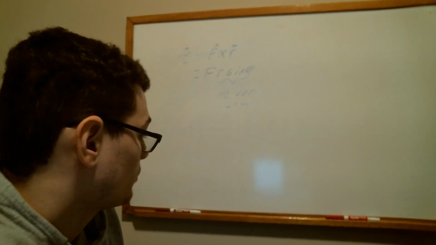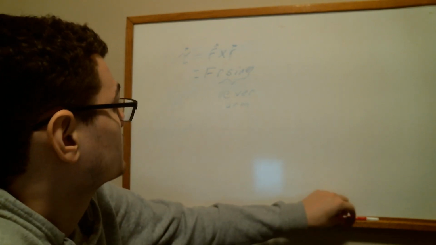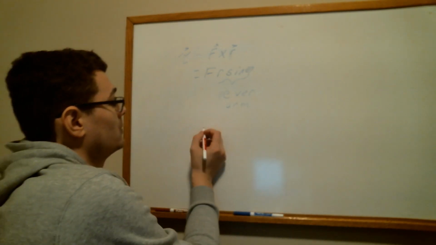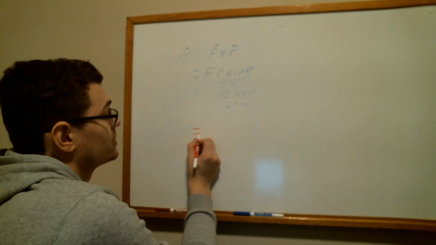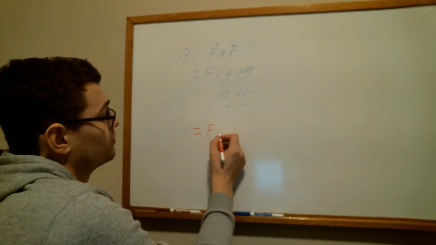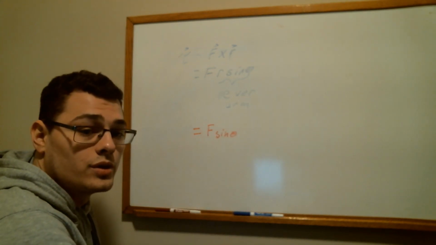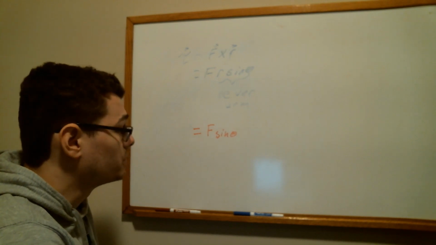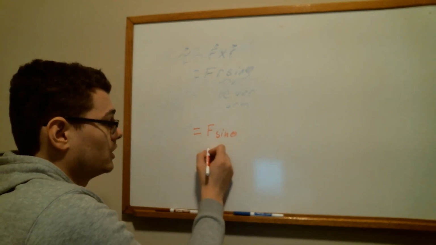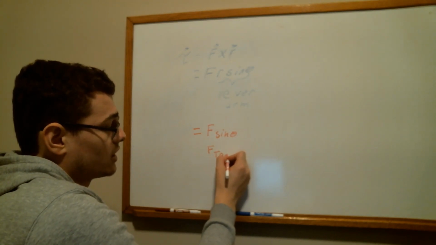One thing that we also have to remember here is that if we rearrange this equation for torque, we can see that F, when combined with sine theta, is going to end up yielding our tangential force, or F tangential.